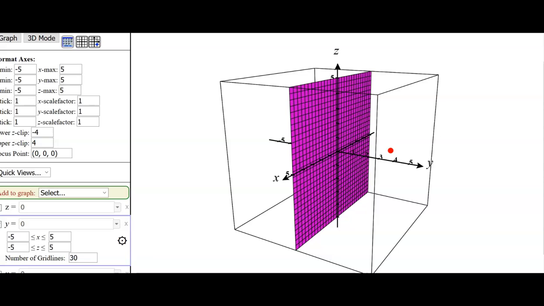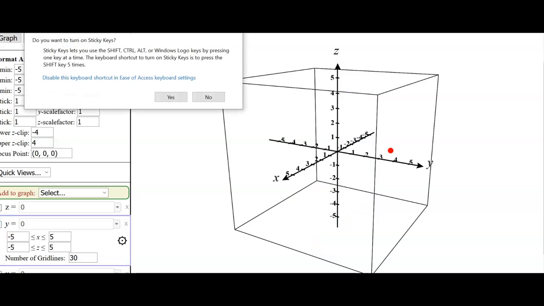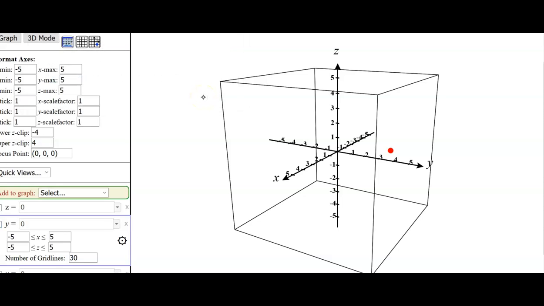Here we have the xz plane, and you can see it's like a piece of paper that's sitting on the x-axis and the z-axis. And clearly we are in front of that. At the xz plane, you can see y is equal to 0. And since our y is not 0, it's positive, it's going to be in front of that xz plane.